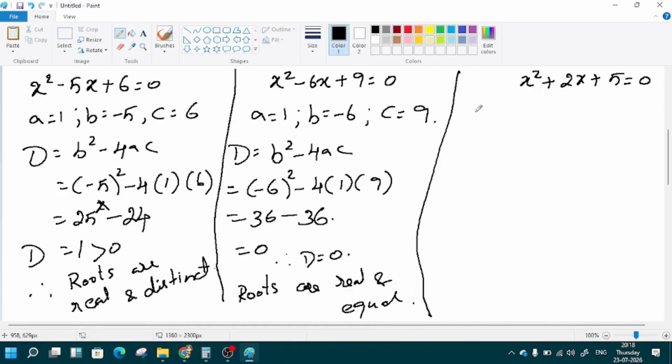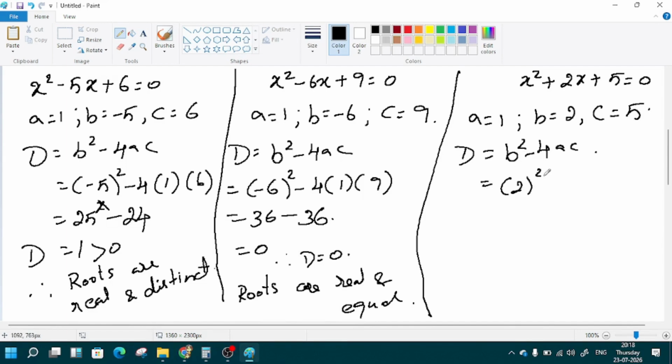And the final one, here a is equal to 1, b is equal to 2 and c is equal to 5. All are positive values, so our formula is D is equal to b square minus 4ac. So here b is 2 whole square minus 4 into 1 into 5.